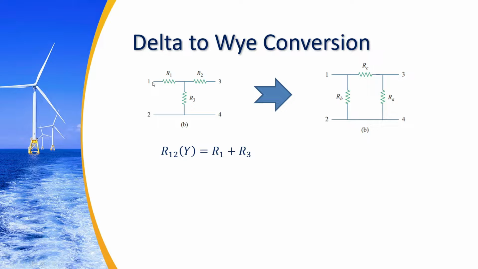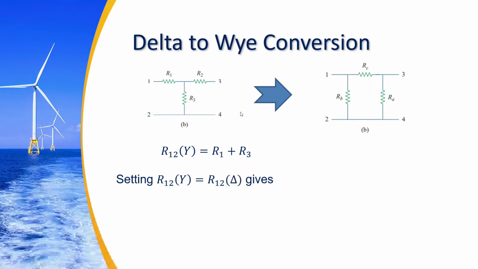So, kumbaga, para makapunta ka from point 1 to point 2, kunin mo yung series niyan. Okay? And then, setting yung R12 ulit dun kay Y network, equal yan to R12 ng pi network o delta network.